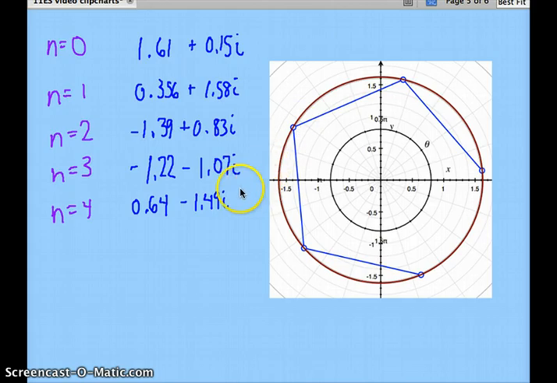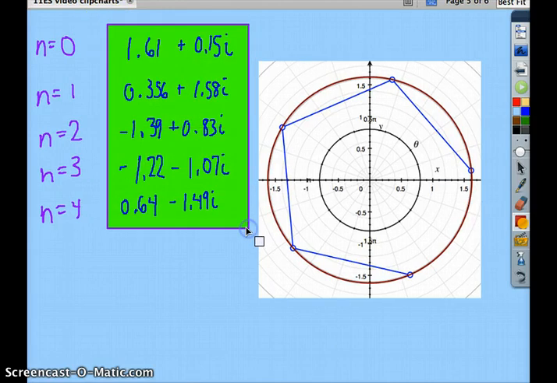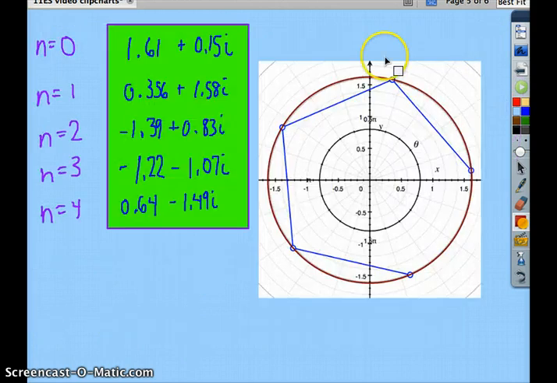So what I have done here is continued for n equals 3 and n equals 4. Therefore, the fifth roots of 10 plus 5i, don't forget what our original question was, right? The fifth roots of 10 plus 5i are these 5 roots here.